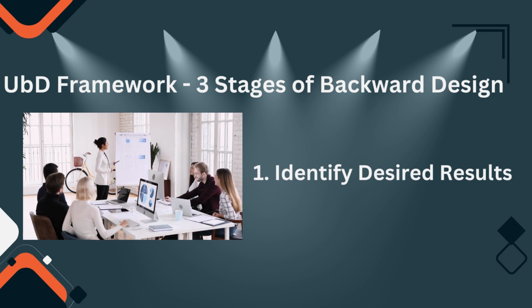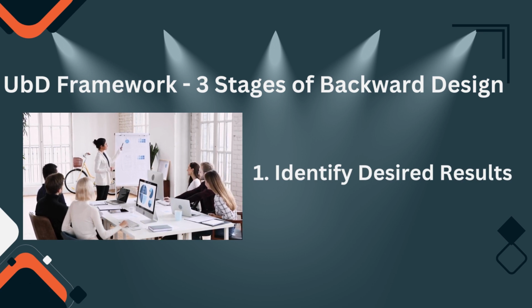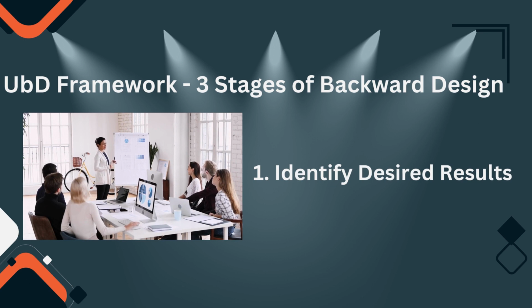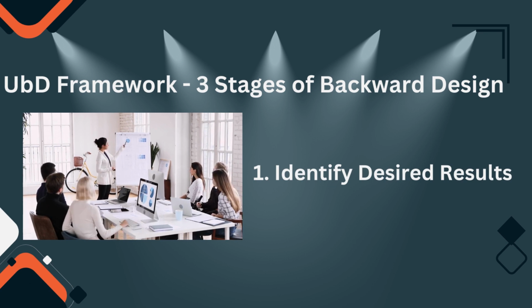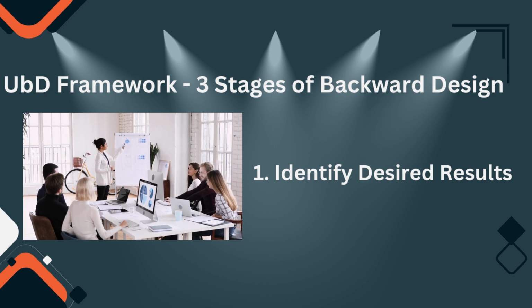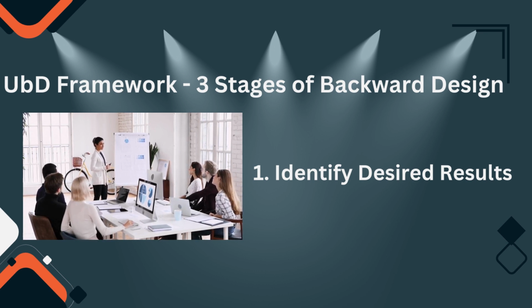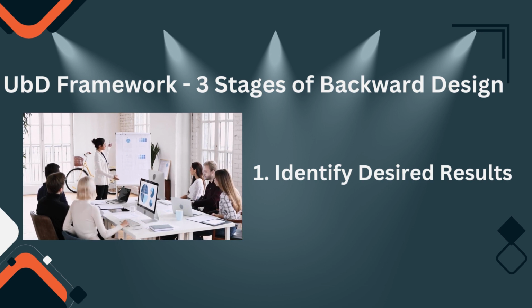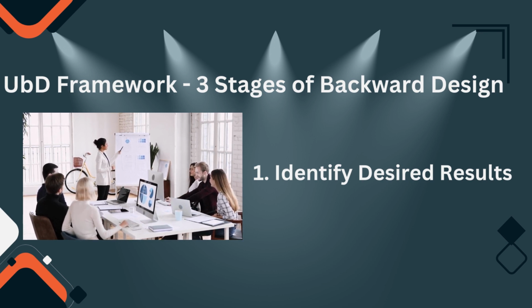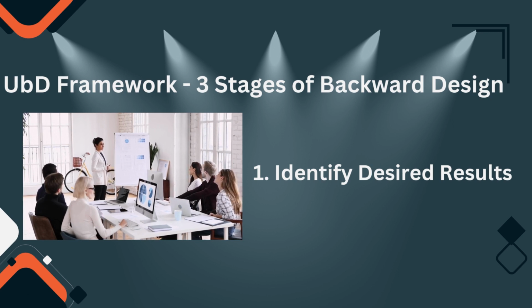A key concept in the Understanding by Design framework is alignment, i.e., all three stages must clearly align not only to standards, but also to one another. In other words, the stage one content and understanding must be what is assessed in stage two and taught in stage three. So for stage one, it's to identify desired results.